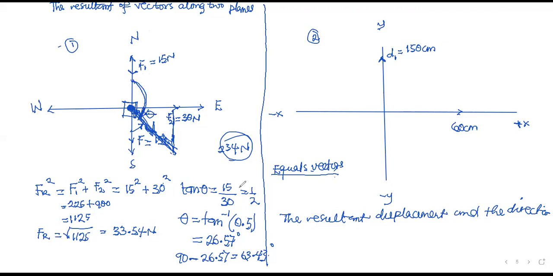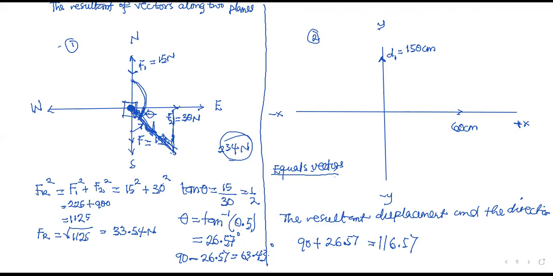Meaning if I'm from the north, to get the direction of the resultant, it is 90 plus 26.57, which is 116.57.